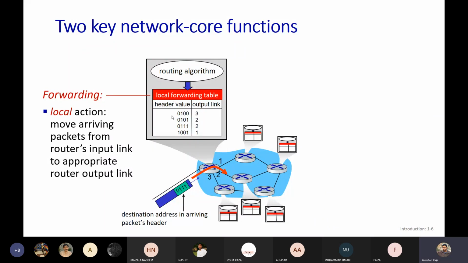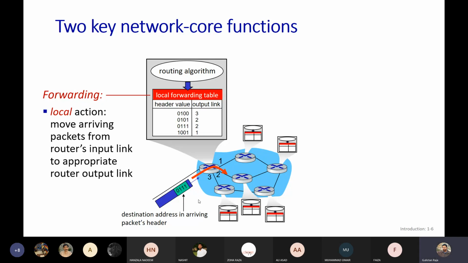Now what is the local action? Local action means that, let's say, look at this leftmost router. Let's say that a packet is coming. Naturally, the objective is to send the packet from source to destination.